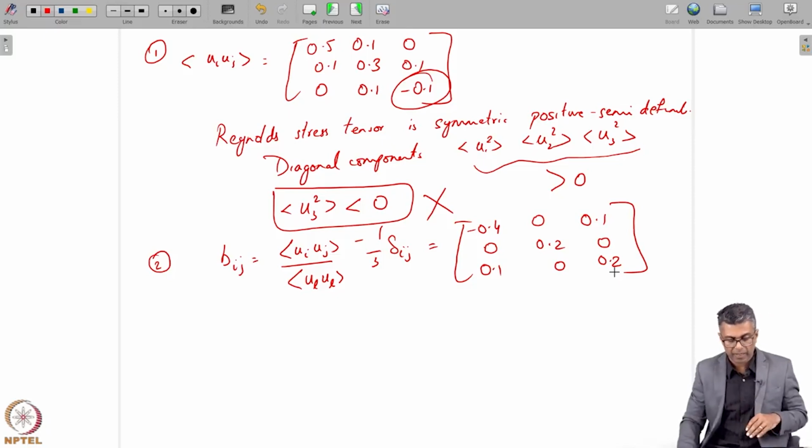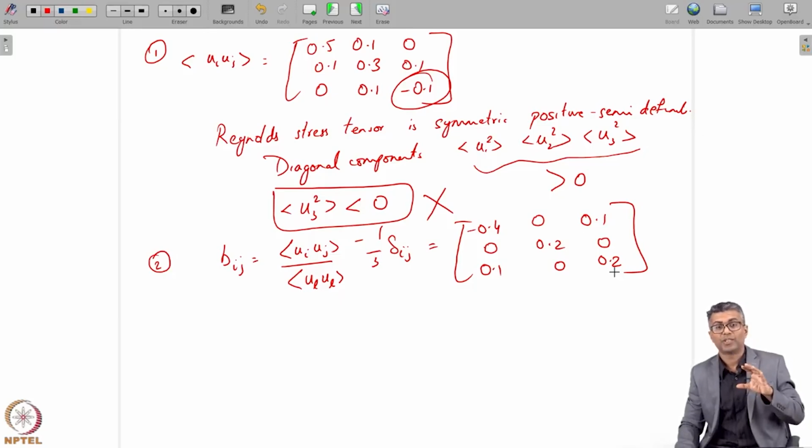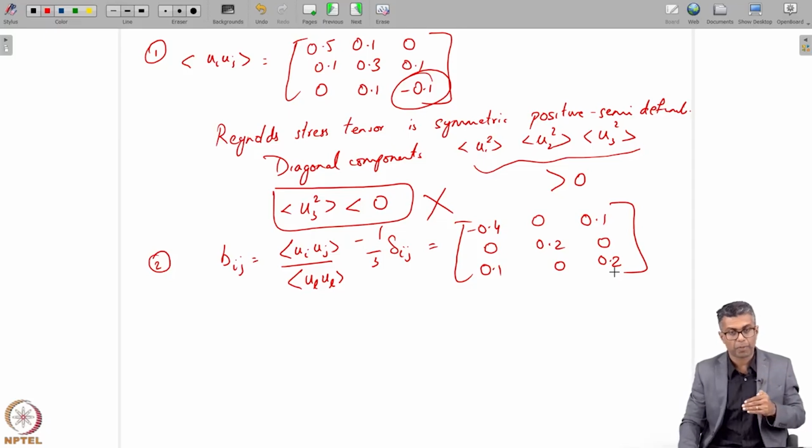Okay, so this is b_ij, which is the Reynolds stress tensor normalized with twice the kinetic energy, essentially, right? u_l u_l is twice the kinetic energy. And then subtracted with 1/3 delta_ij. So that is the Kronecker delta. Essentially what you're getting is the anisotropic part, isn't it? Now, remember, the diagonal components have to be non-negative, which means the diagonal components of b_ij have to be greater than what?